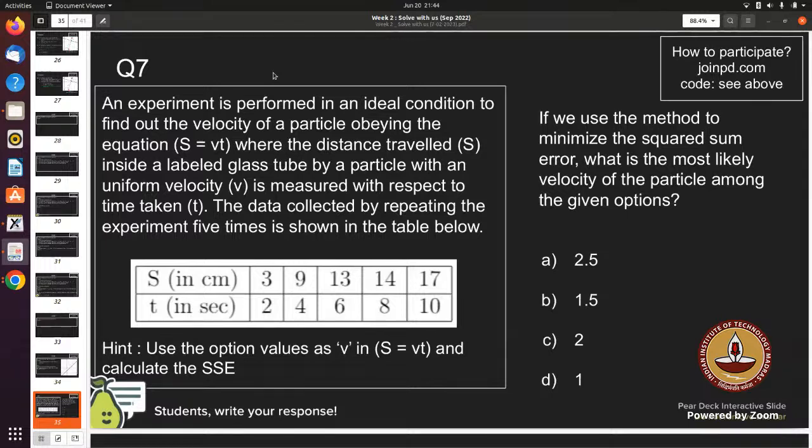For the 4 different options, we will get different straight lines: S equal to 2.5 T, S equal to 1.5 T, S equal to 2 T, and S equal to T. For these 4 straight lines, we have to calculate the ideal values. Then we have to calculate SSE for all these 4 and see which one is the minimum.